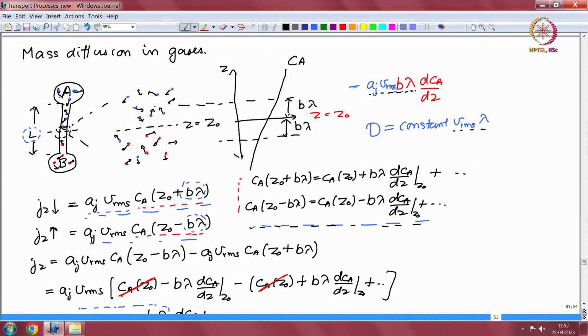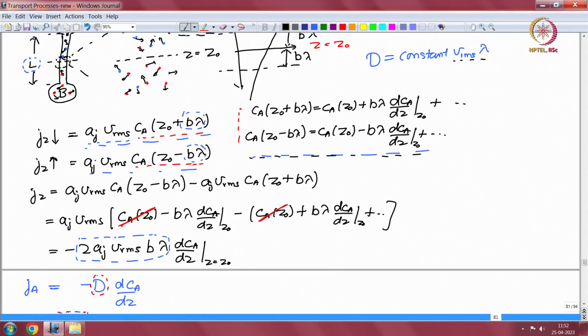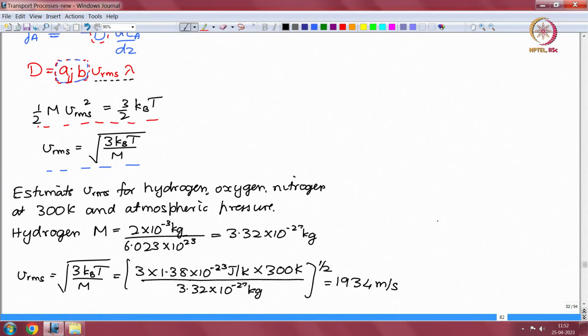We get a first order correction whose magnitude scales as the mean free path divided by the macroscopic length scale. And because of that, the diffusion coefficients turn out to be of the order of the mean free path times the RMS velocity.